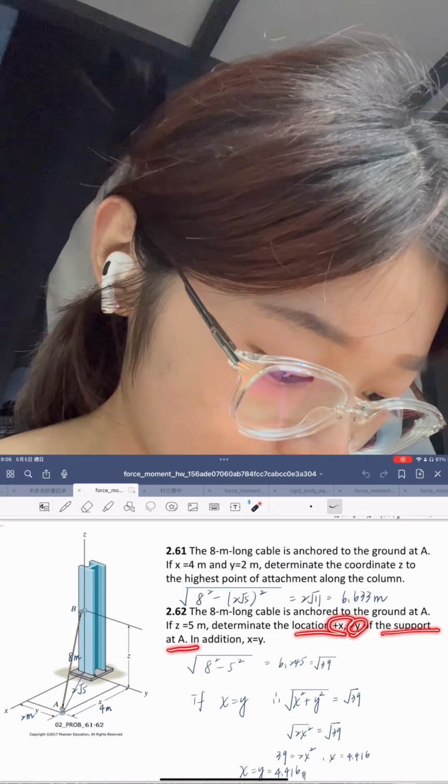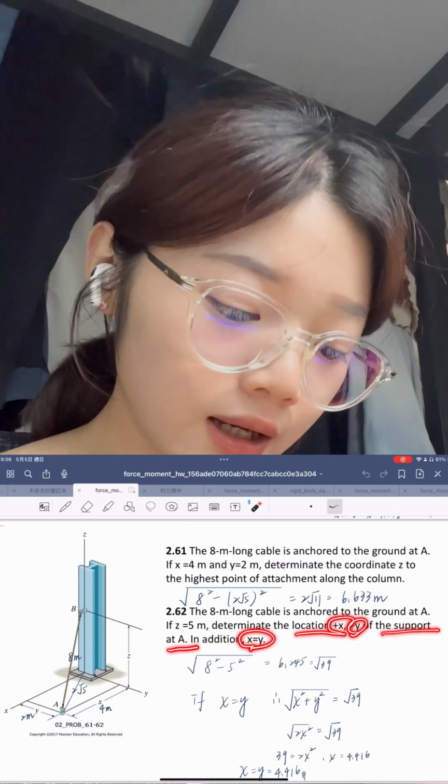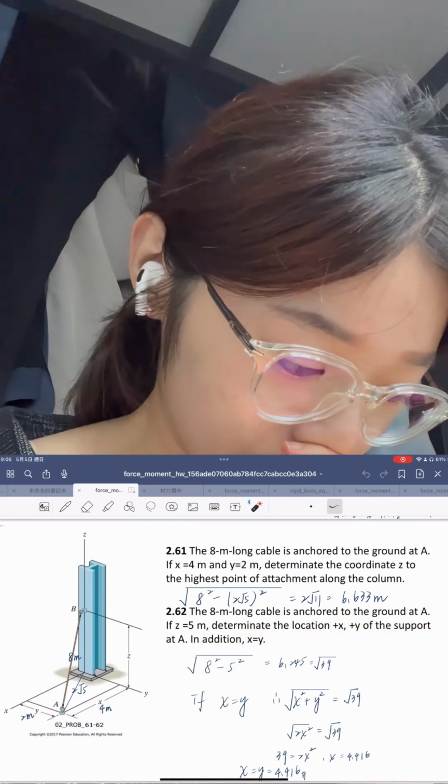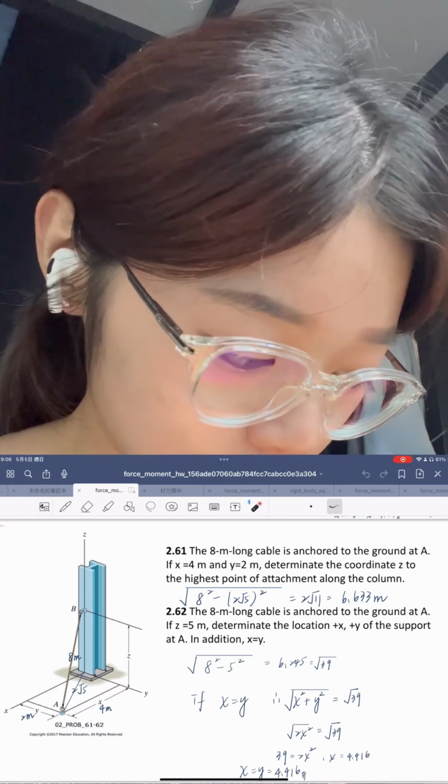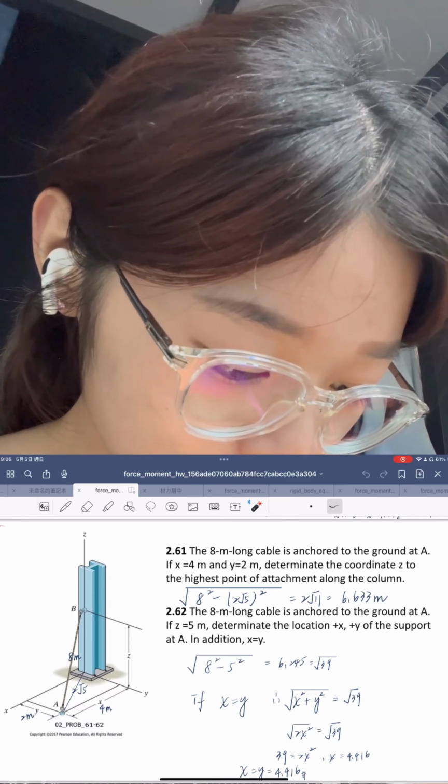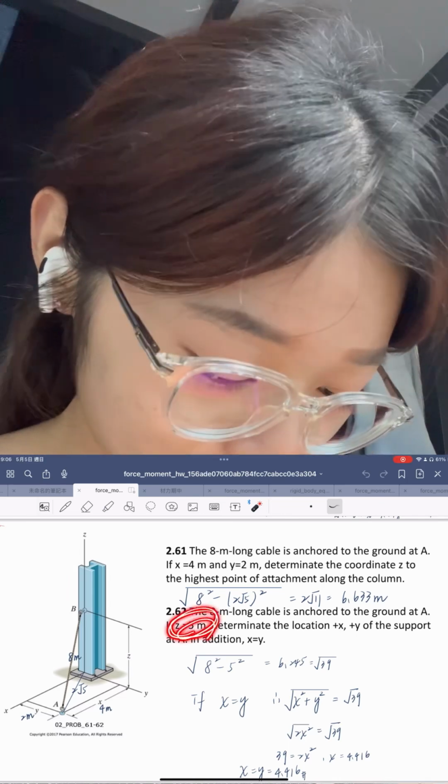In addition, X equal to Y, and it is easy because it told us that Z is 5 meters.